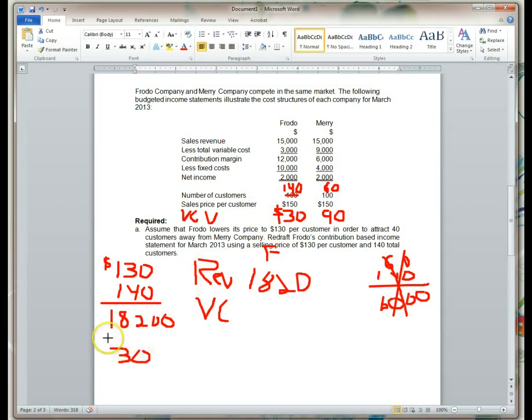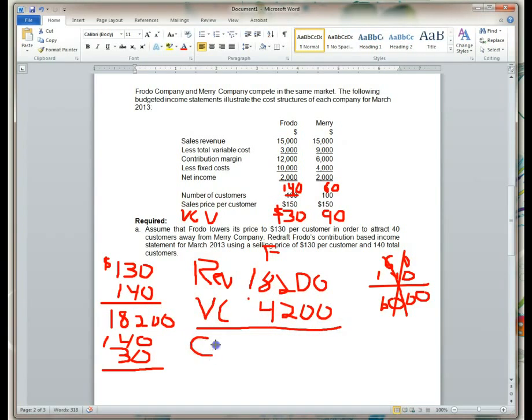Our number of units is now 140, which means our new variable costs are $4,200. Notice our variable costs total went up a little bit because we have more customers, but our variable cost per unit stayed the same.